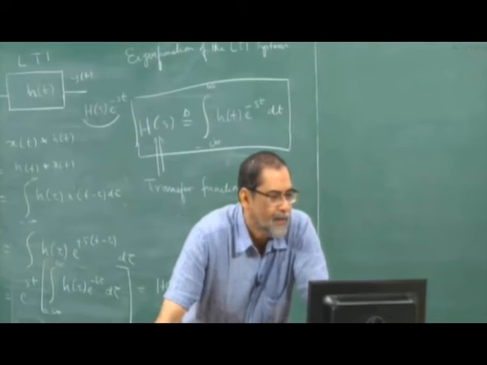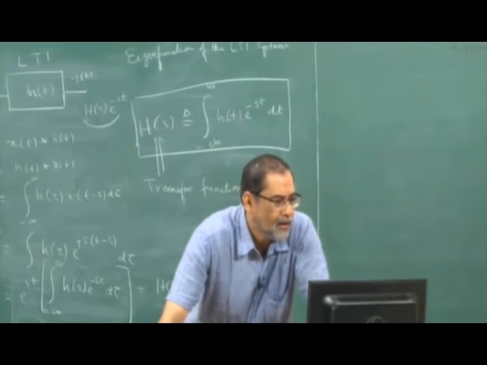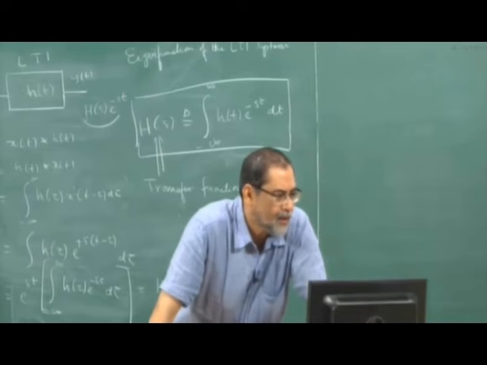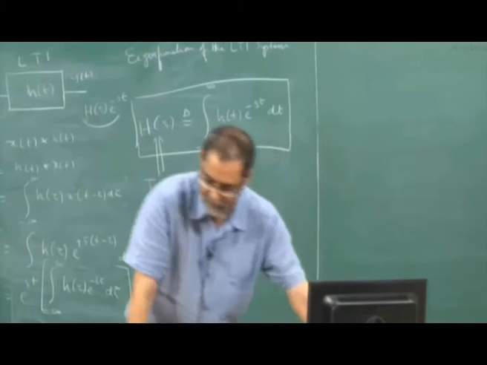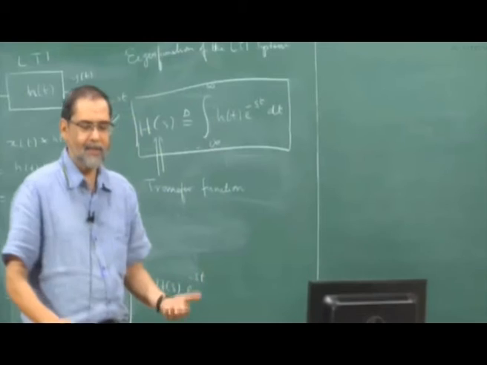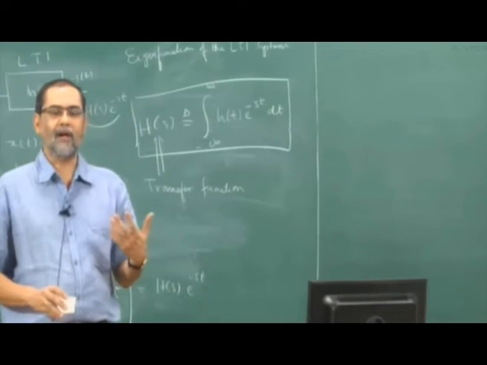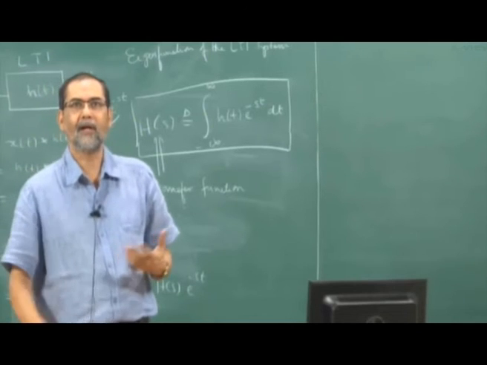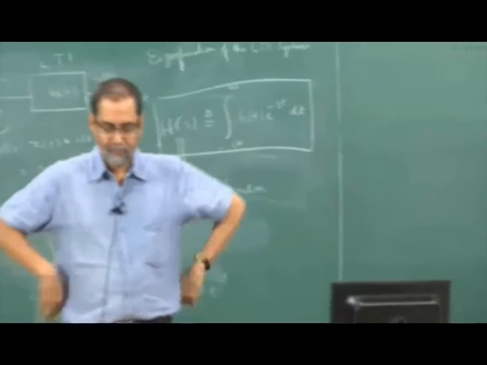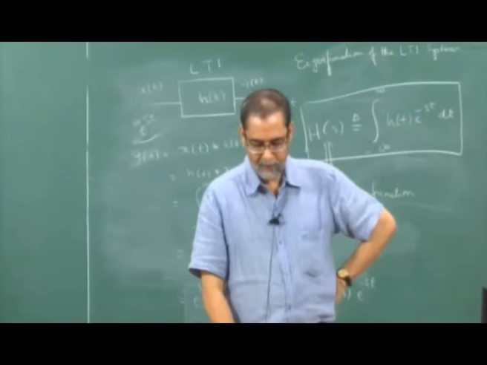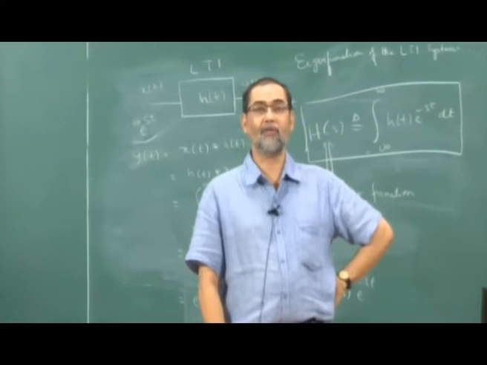Is it not e raised to minus st, the eigenfunction of the system? Yes. So I'm saying e raised to minus st is the eigenfunction of the system, right? But the idea of eigenfunction comes from eigenvalues and eigenvectors of matrices.